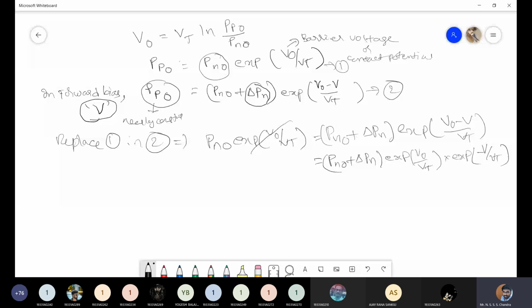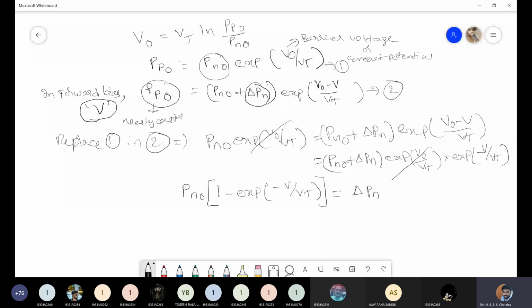These two terms will get cancelled. If I take the Pn naught terms to one side, I get Pn naught into 1 minus exponential of minus V by Vt equal to delta Pn into exponential of minus V by Vt.